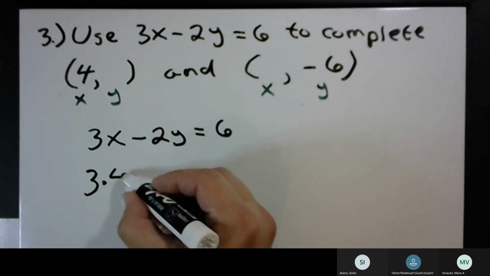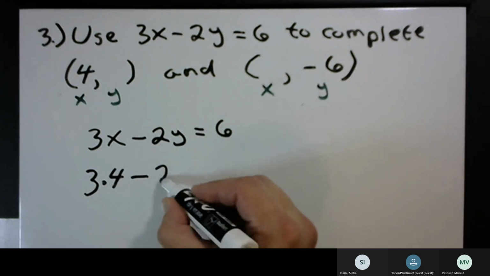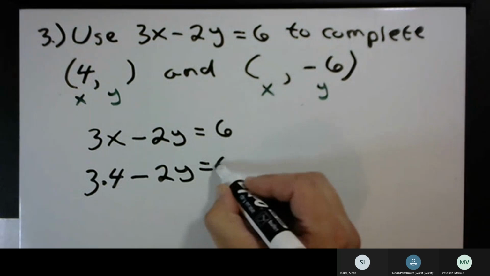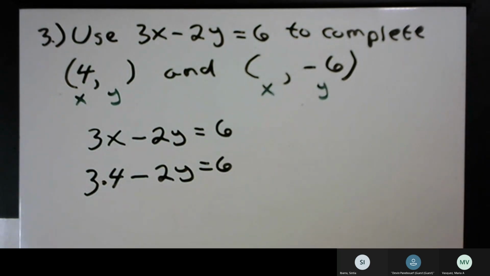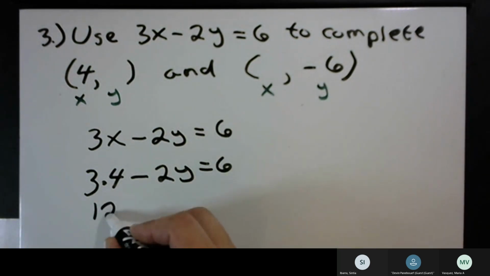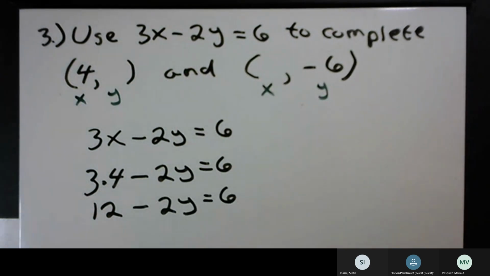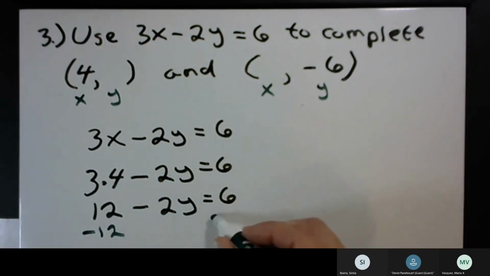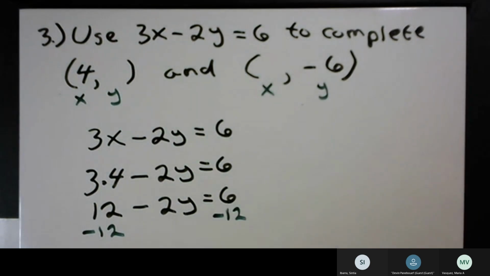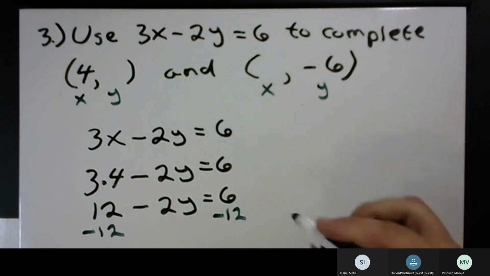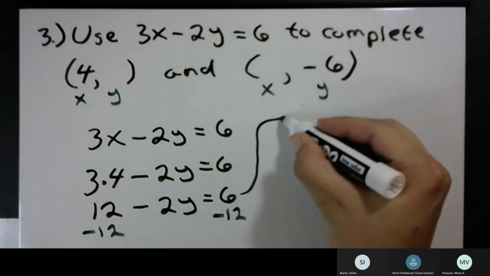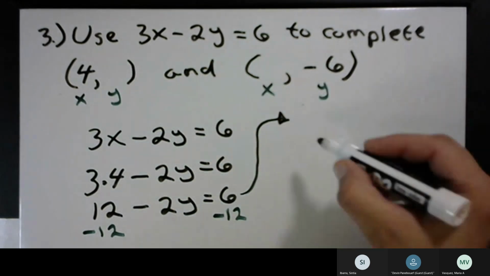So this will be 3 times 4 minus 2y is equal to 6, or 12 minus 2y equals 6. Now we're going to solve for y, because y is what we're missing. So subtract 12 from both sides. We'll continue on over here.